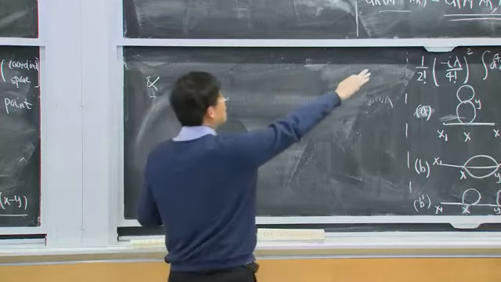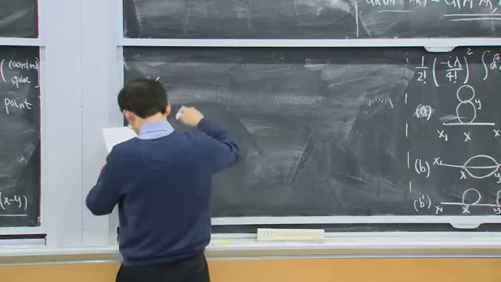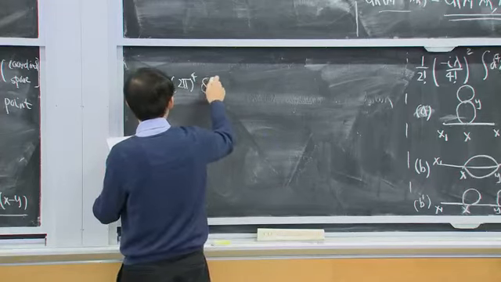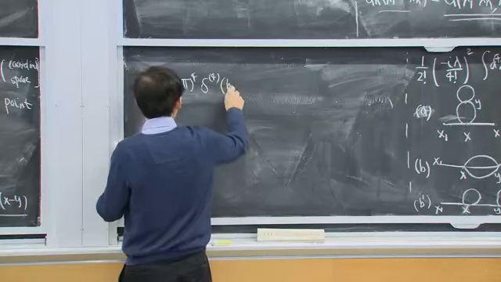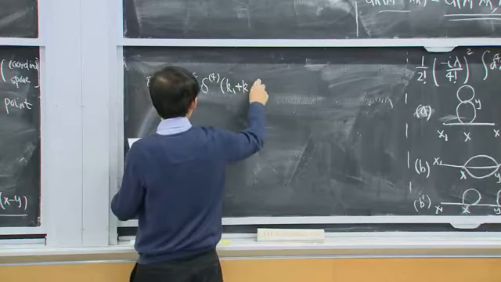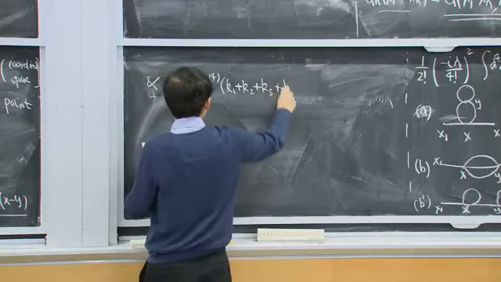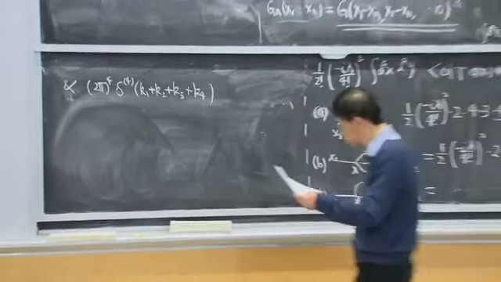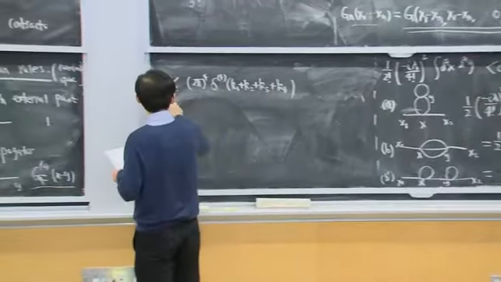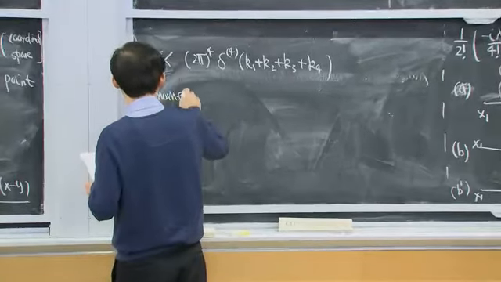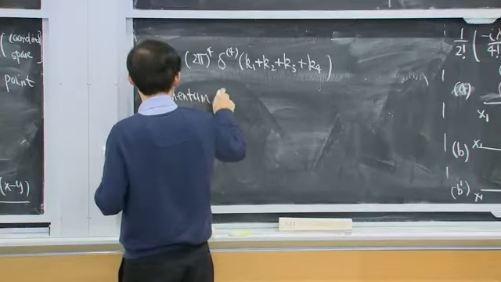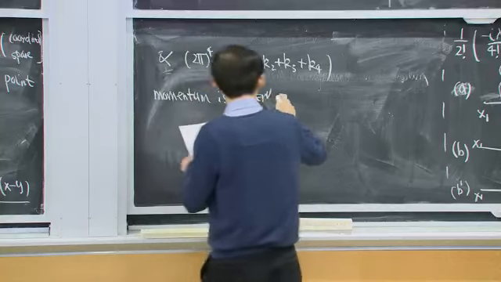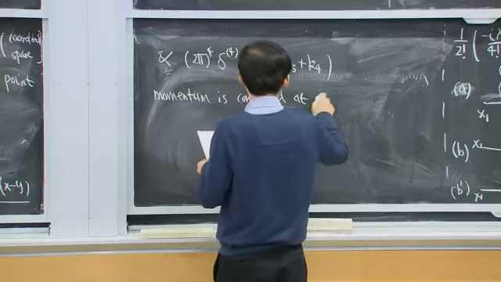So when you go to momentum space, you find that this should always be proportional to a delta function. That means momentum is conserved at each vertex.